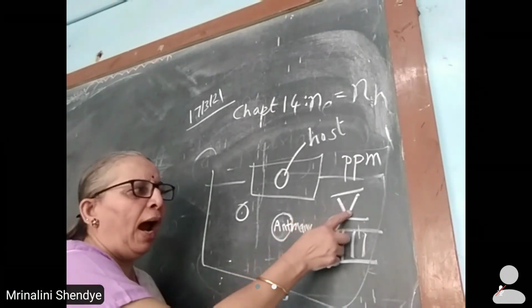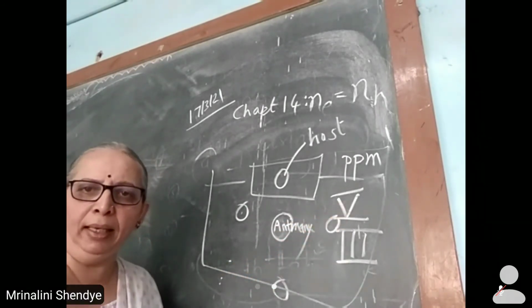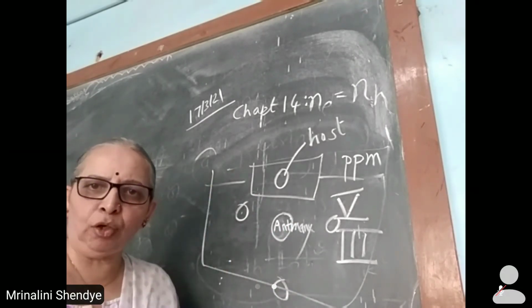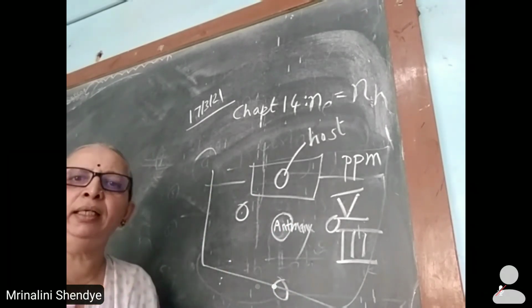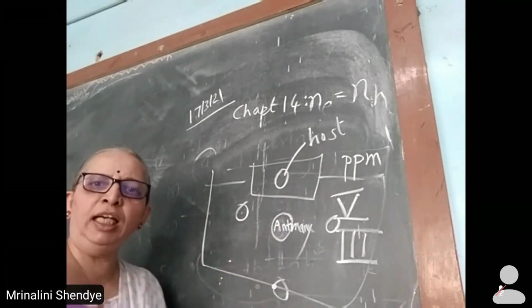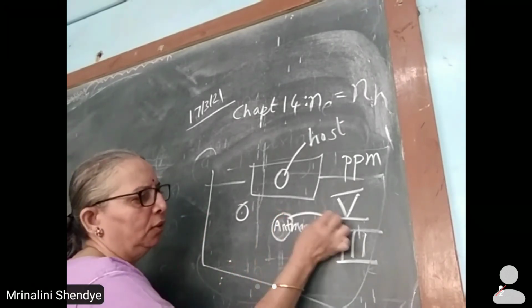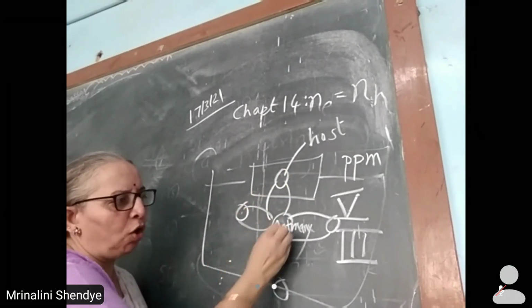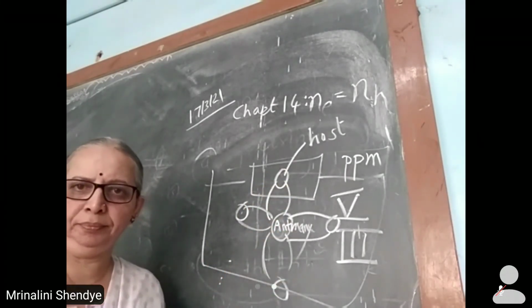If you add a fifth group element, then what happens? Antimony has 5 valence electrons. It shares 4 electrons with neighboring silicon atoms with formation of covalent bonds.